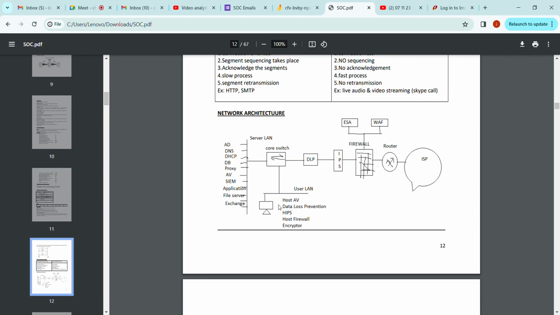So as a SOC analyst, you will acknowledge those alerts or alarms, and look at the antivirus logs, because it was detected at the antivirus. We will check the antivirus logs for that particular user machine and find the root cause.